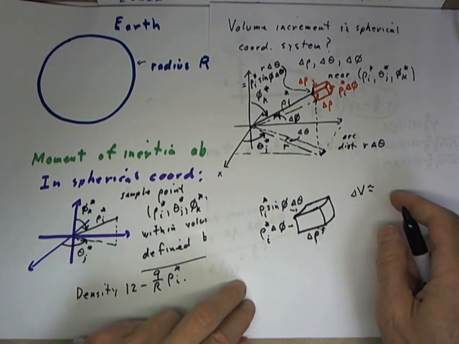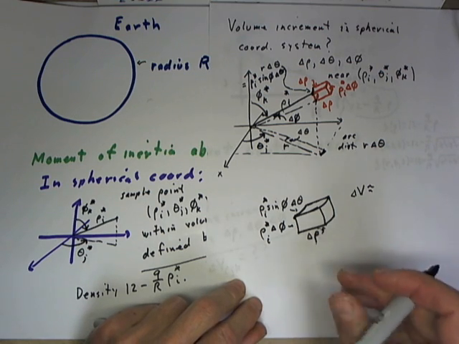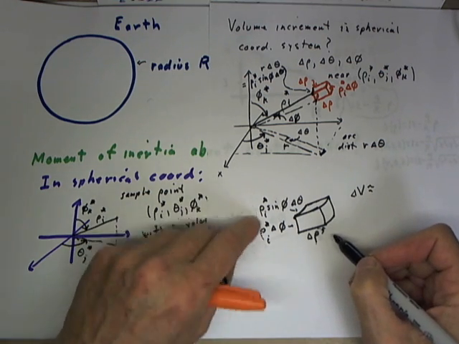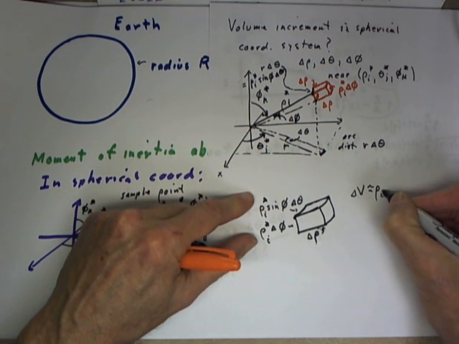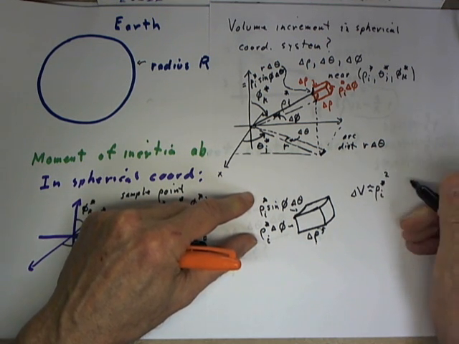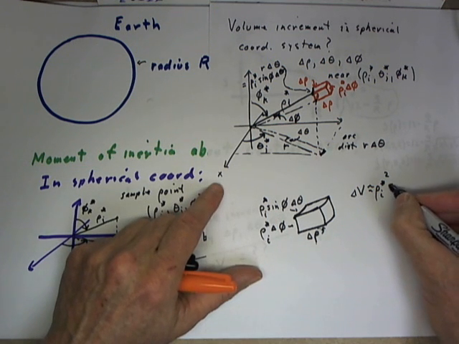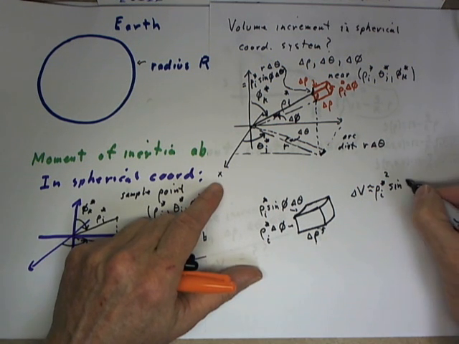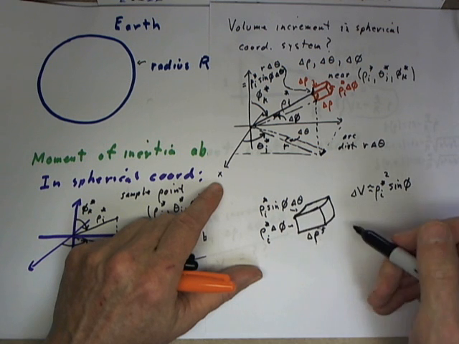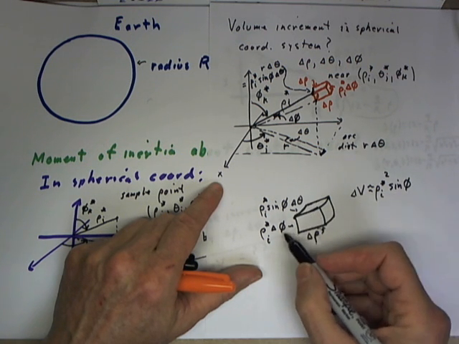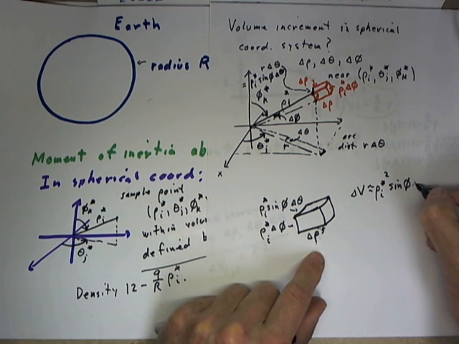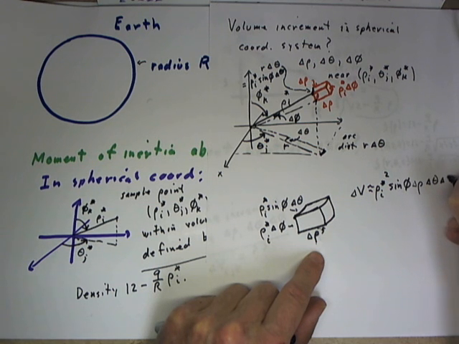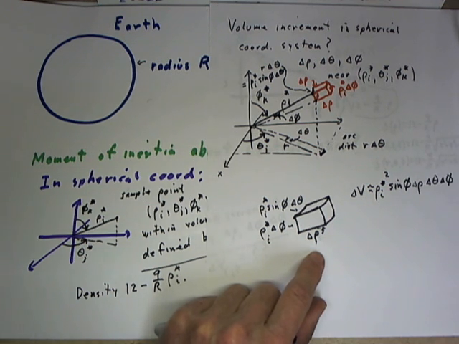Rho I star is the coordinate of the point, delta rho is the rho increment. Okay, so anyhow, delta V is then equal to what? The product of these three dimensions is simply going to have a rho I star squared times sine phi, and then it's going to be times delta theta, delta phi, delta rho in whatever order. I'm going to choose the order delta rho, delta theta, delta phi.